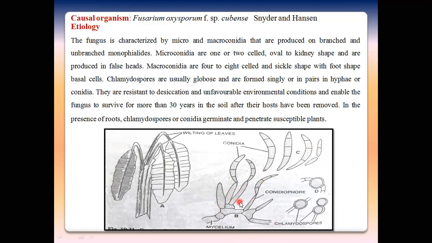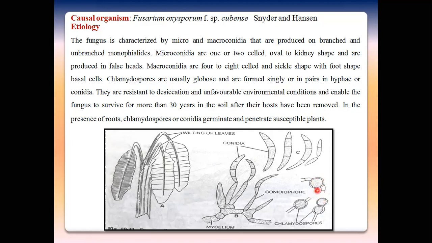Under unfavorable conditions, these mycelia develop the chlamydospores, and these chlamydospores are produced singly or maybe in pairs. These are the spores resistant to desiccation and unfavorable environmental conditions. The chlamydospores survive for more than 30 years in soil after their host has been removed.